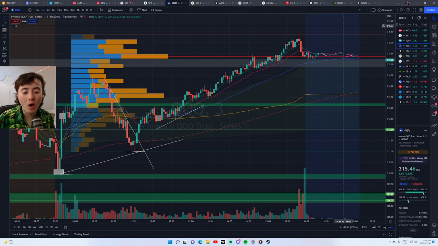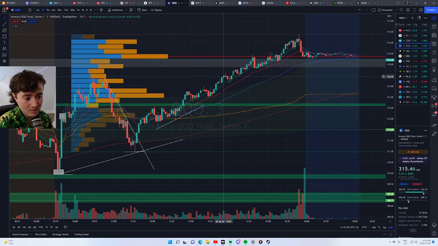And then there's the 200, which is basically the entire trend. So just to break that down even faster for you: the 9 EMA is for riding a position, the 20 EMA is for bounces and entries, the 50 EMA is the brick wall, and the 200 EMA is the overall trend.